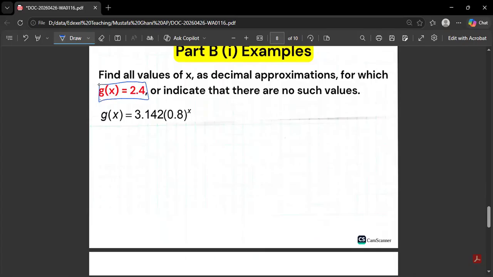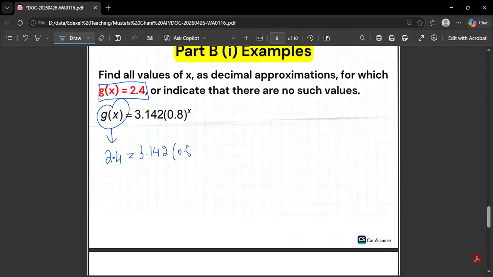The complete value of g of x is given, so I can put the complete value of g of x, which is 2.4. Is it a value of x or a value of g of x? G of x. Don't call it a value of x. Let me make it shorter so that you do not consider it like this.